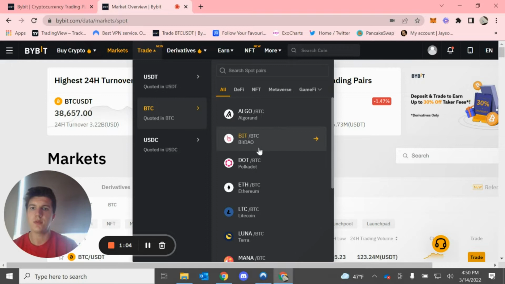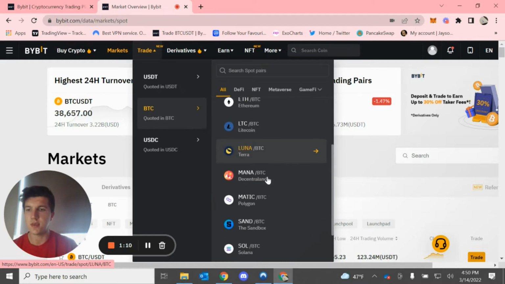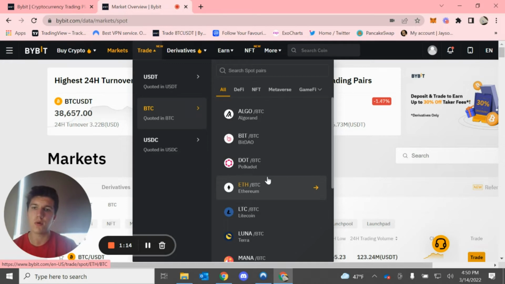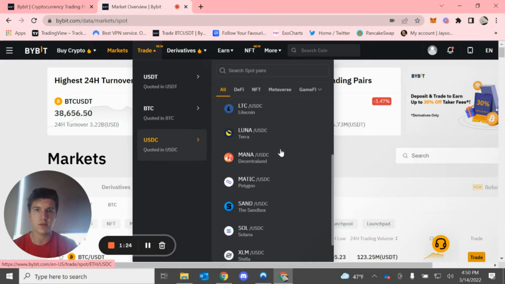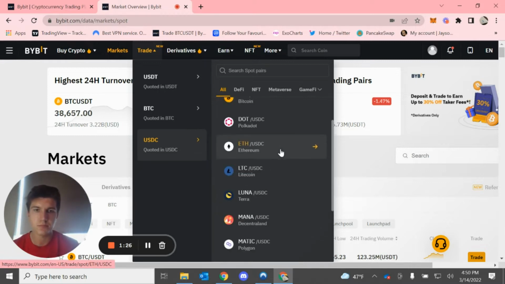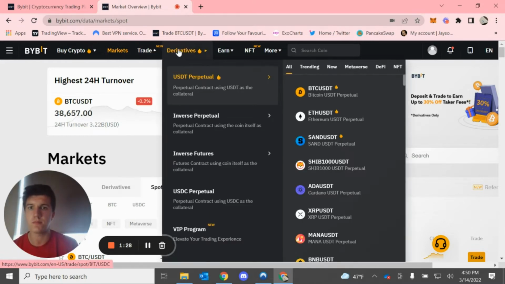Next down is called inverse perpetuals, which is using the margin of Bitcoin and earning more Bitcoin in this. And here is USDC. It's basically just a different form of Tether. And here are the various trading pairs to it.